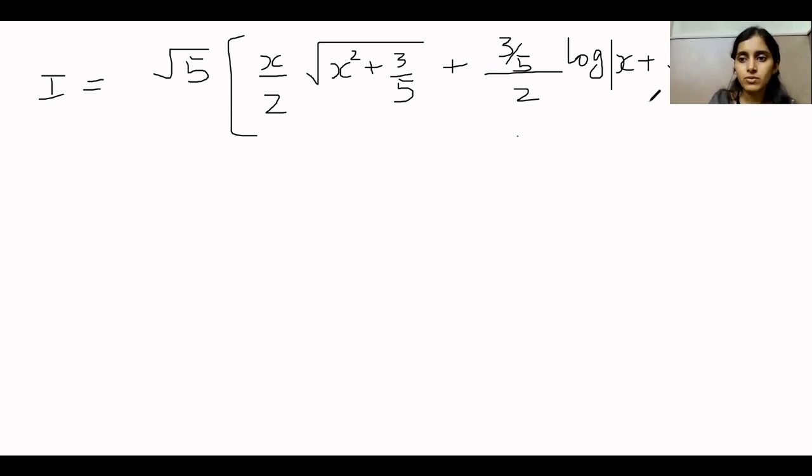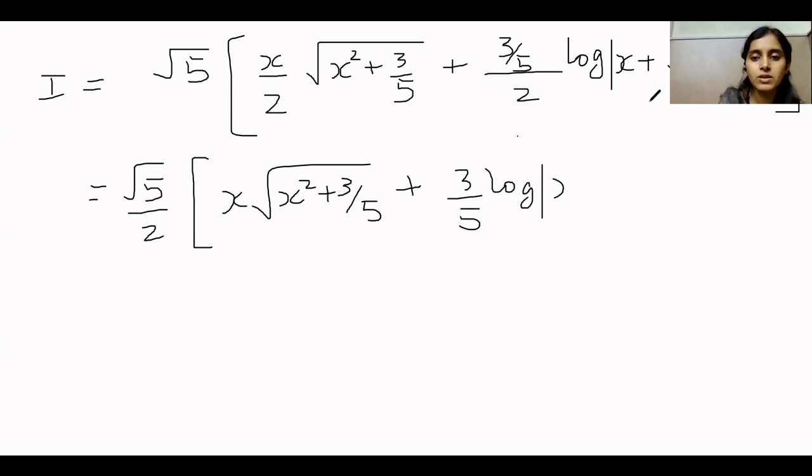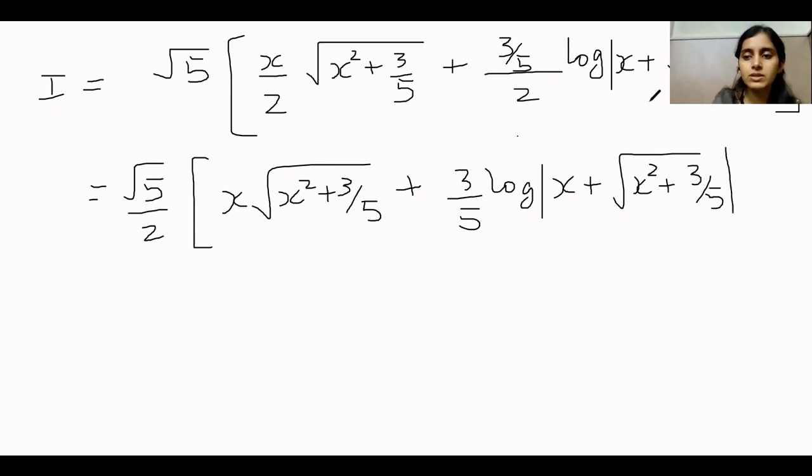Now simplifying this, we can take half common, so we have root 5 upon 2 times the bracket: x root of x square plus 3 upon 5, plus 3 upon 5 log of x plus root of x square plus 3 upon 5, plus c.